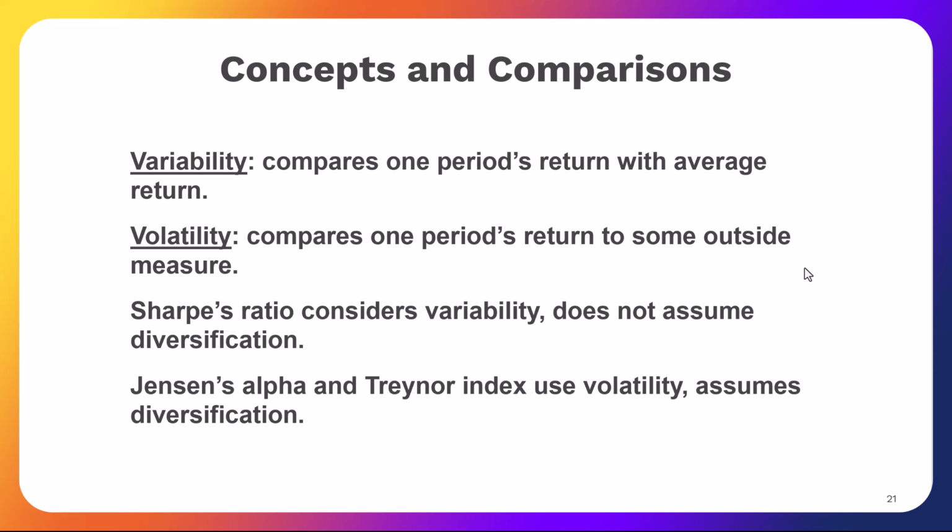But if I was looking at my company's standard deviation, that measures my historical returns. So Sharpe's ratio considers variability, but it does not assume any diversification. Jensen's alpha and Treynor index use volatility. They assume diversification.